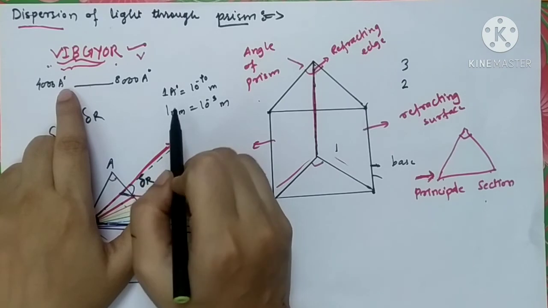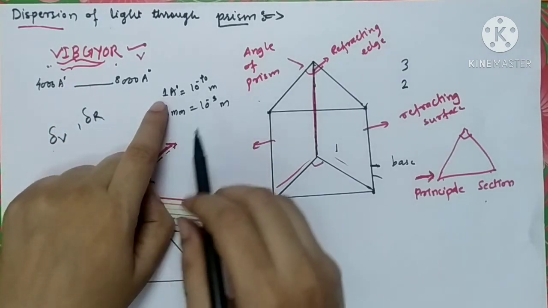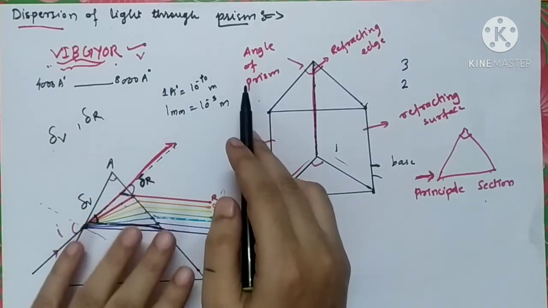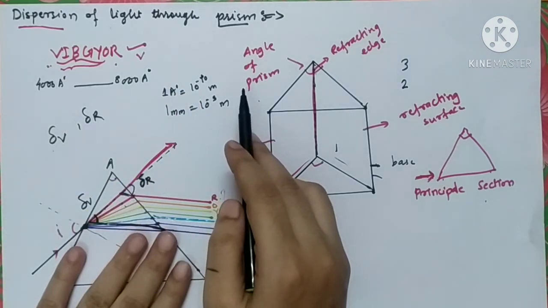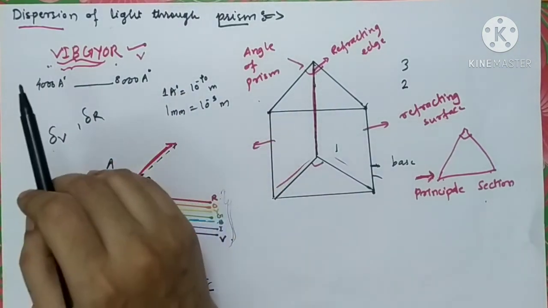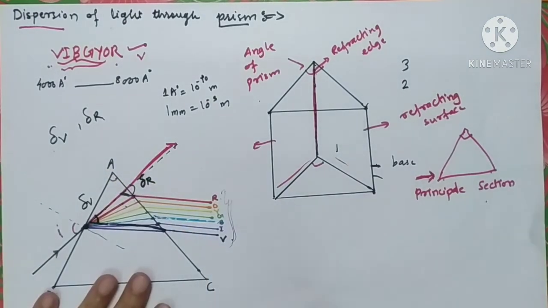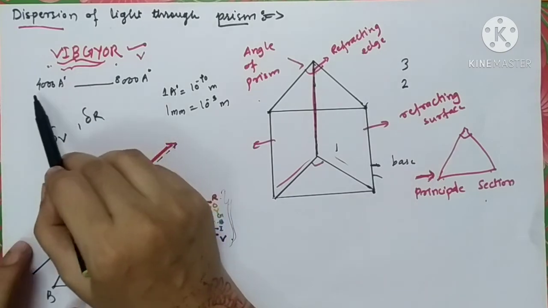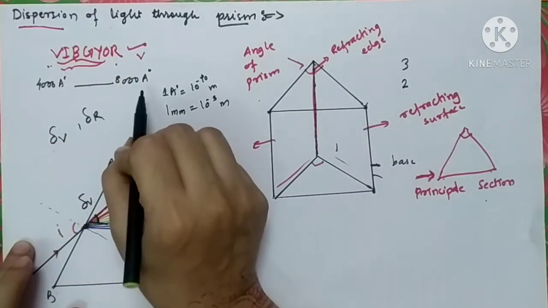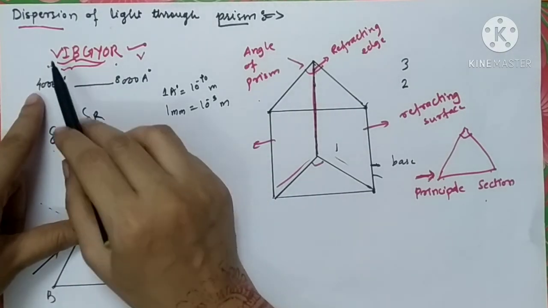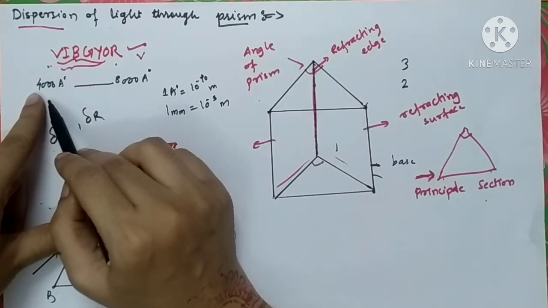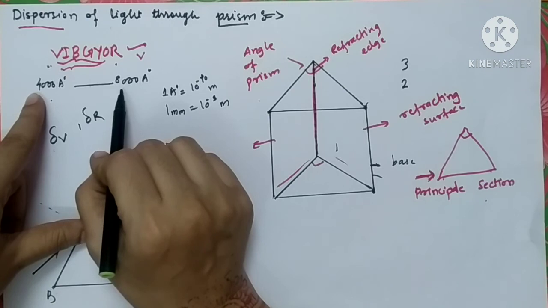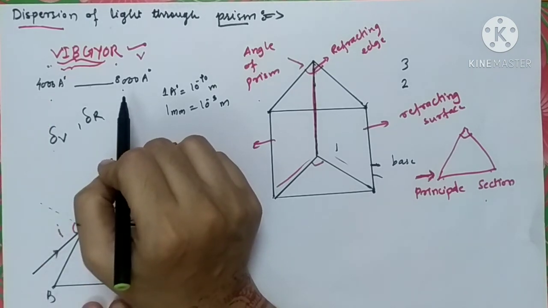In the same way, the angstrom is a very small unit of length. So the wavelength of these visible rays ranges from 4000 angstrom to 8000 angstrom. Means violet color will have the wavelength approximately 4000 while the red color will have the wavelength approximately 8000.